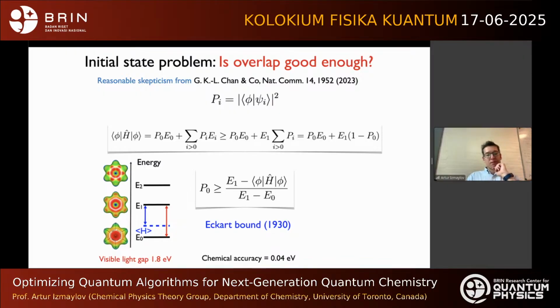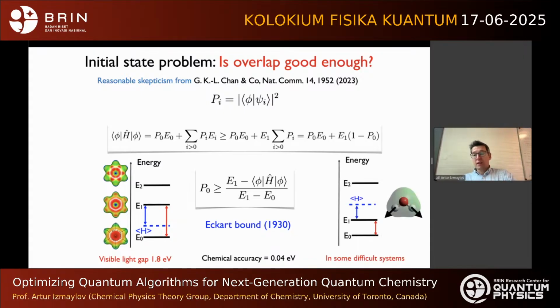And if we look at some of the compounds that people are interested in, like organic light-emitting diodes, the visible light gap is 1.8 eV. So getting into the 0.9 eV to get a good overlap is not that hard. Considering this, it's much harder to get chemical accuracy, because the energy accuracy that you need to get is much higher.